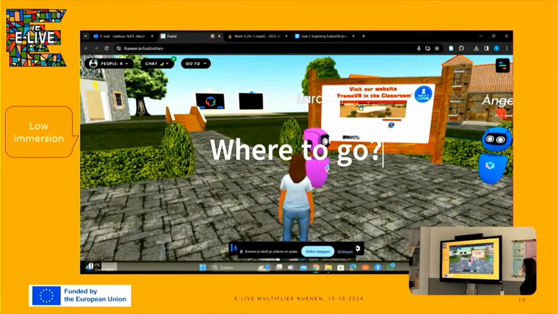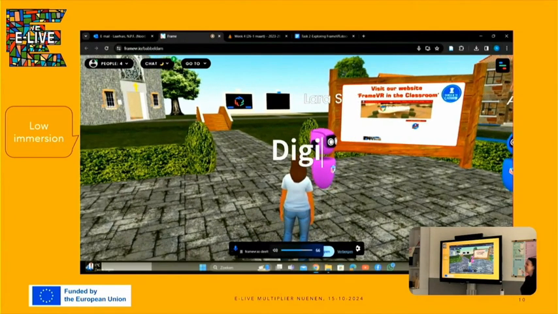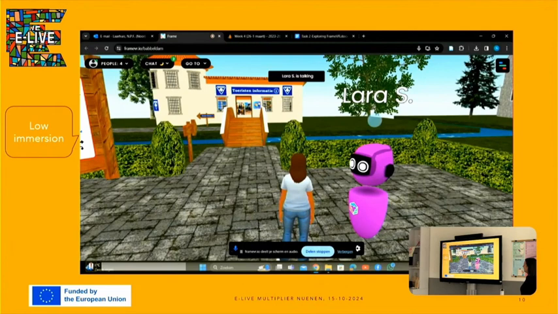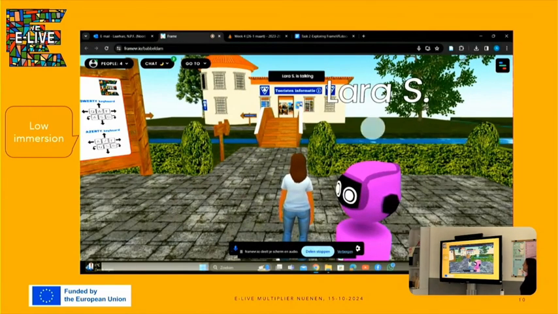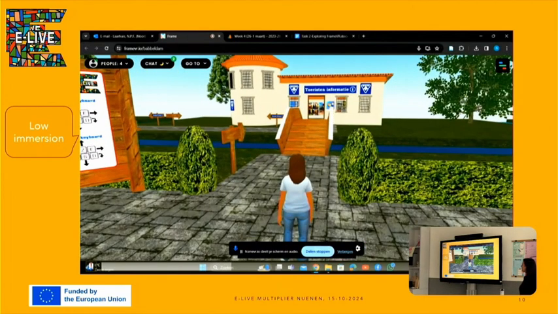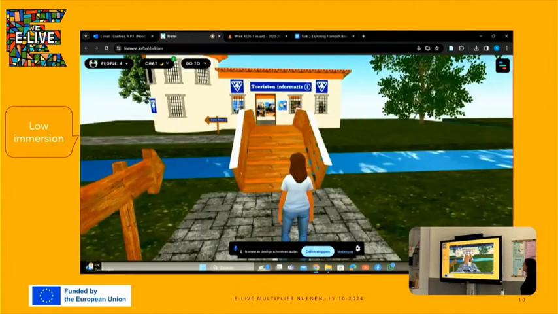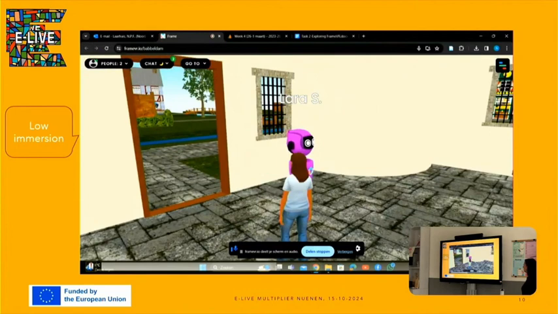Where do you want to go first? I don't mind. Have you practiced with the Frame VR before? Yeah, in class. Okay. So you can move and... I think yes. Okay. Should we go to the tourist information station? Okay. Yeah, there you go.